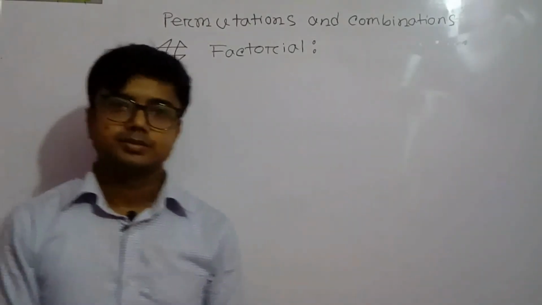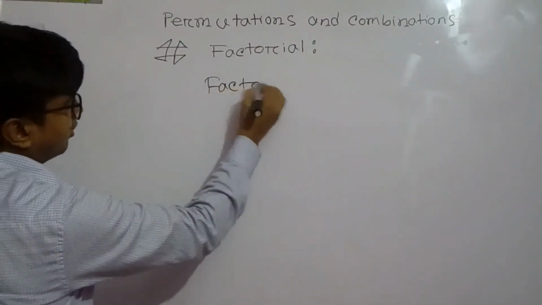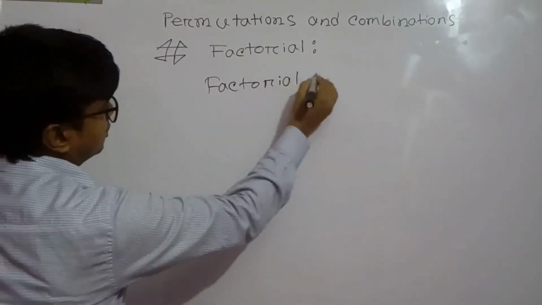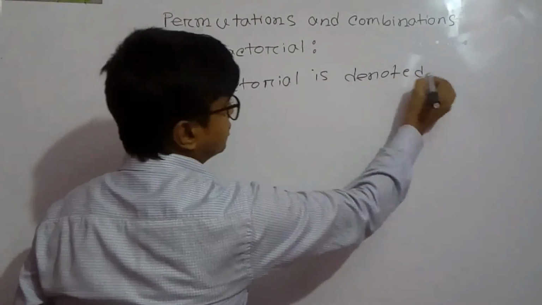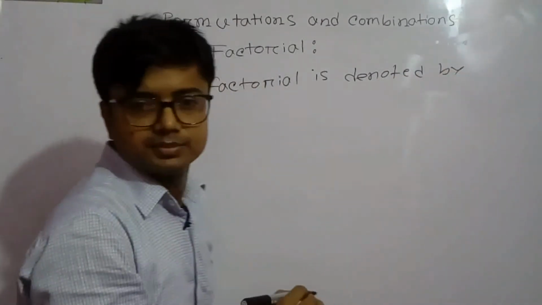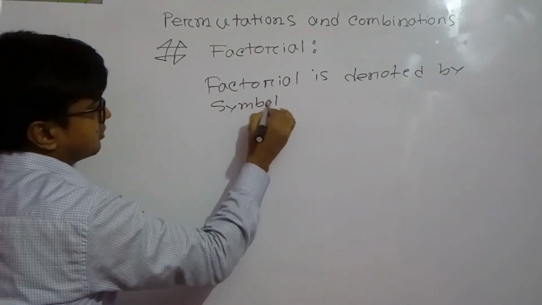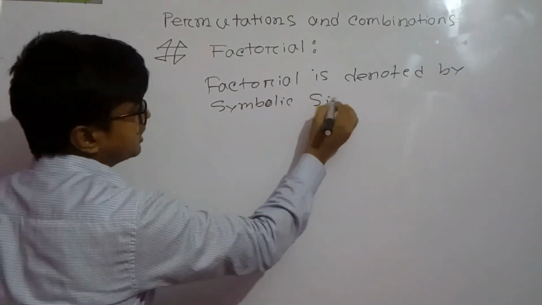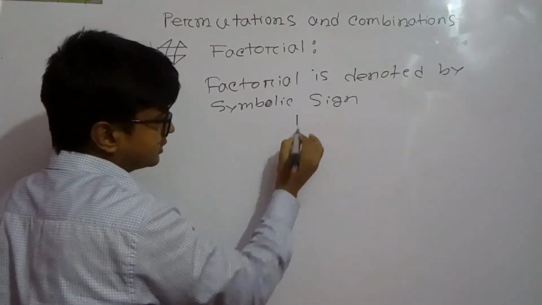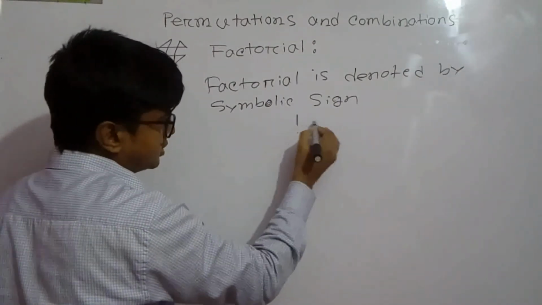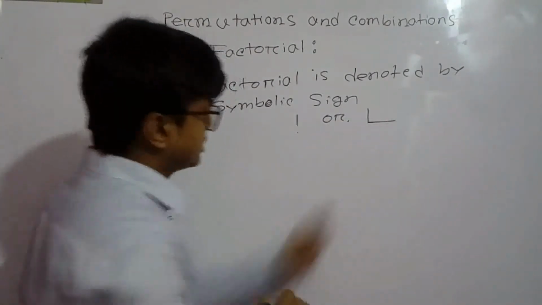Now factorial. Factorial is denoted by a symbolic sign like this, and another one is like this.